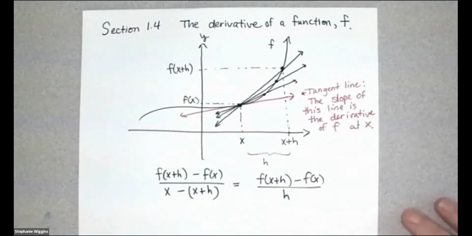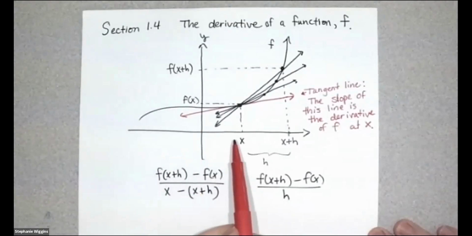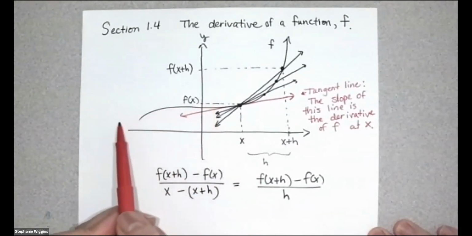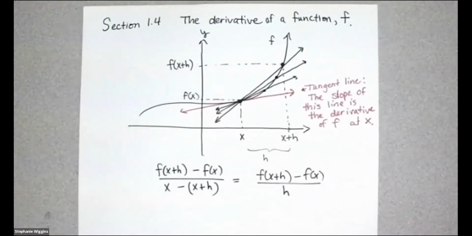The slope of this red line here is the derivative of f at x. So x is just one particular point. Obviously, if I had put x in a different spot, maybe over here, I would have a different tangent line. A tangent line touches the curve at the point, but does not cross the curve.